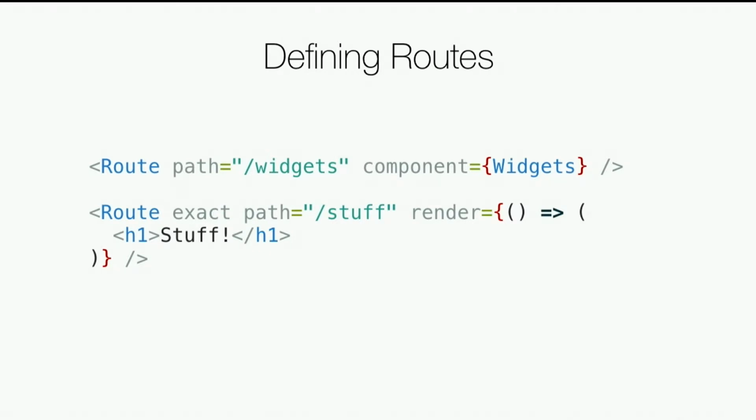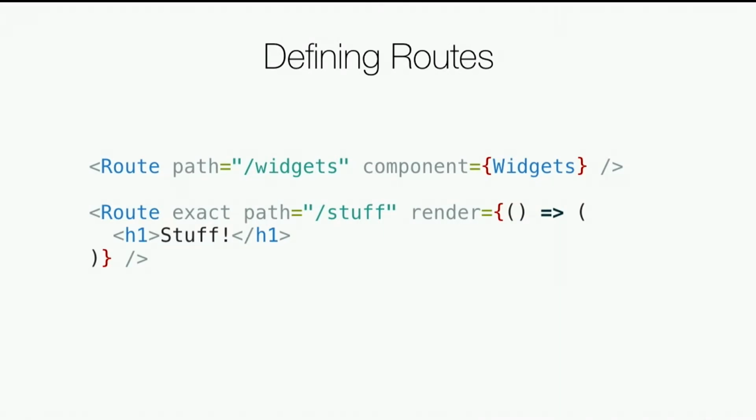There's also a few other options you could put in there. I've put some of the ones that you'll run into most often. We'll use this today as well. The second one has a couple extra things. Number one, it has the word exact. And the reason for the word exact is for when, kind of what it sounds like, you want an exact match of that path and nothing else.